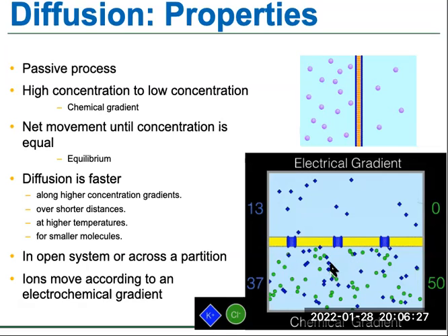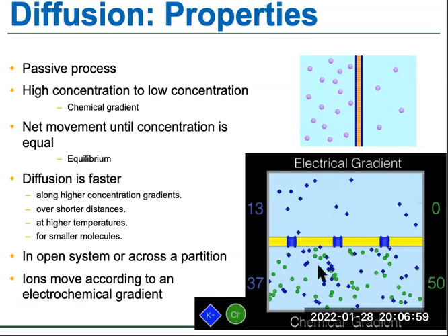And what's left behind is a relatively negative charge as the potassium leaves. With that accumulation of negative charge, that negative charge exerts a pull on those positively charged potassium ions. And so we say that the electrical gradient is going to want to draw potassium toward this side.